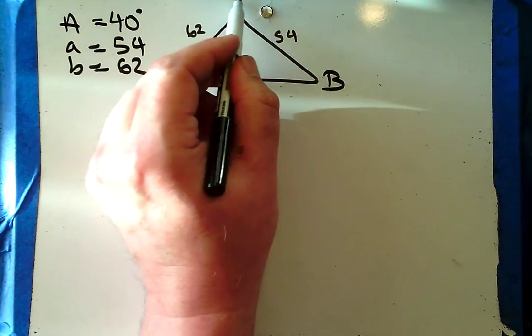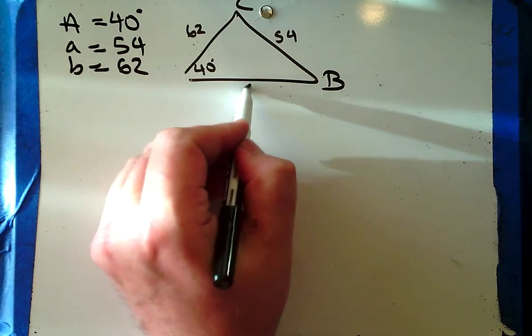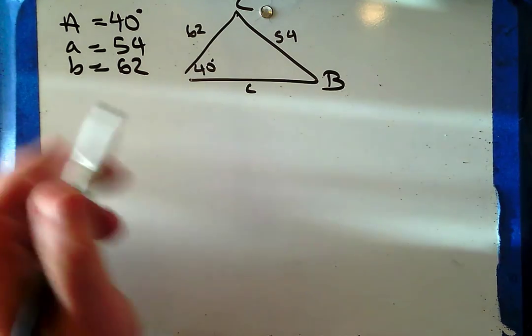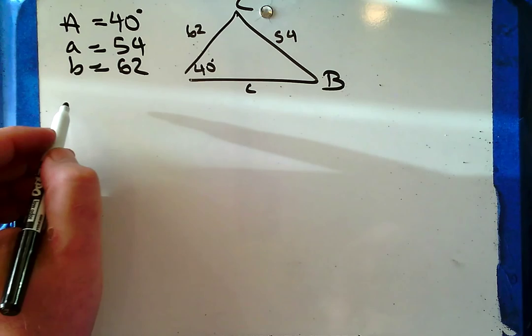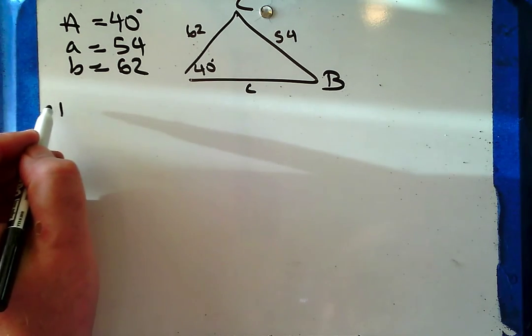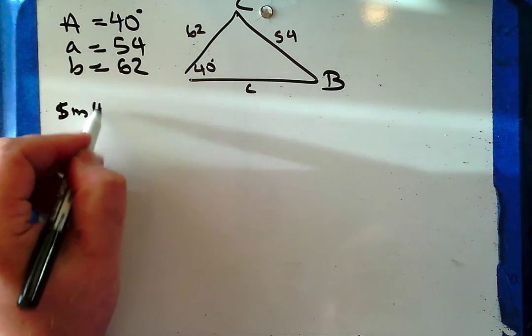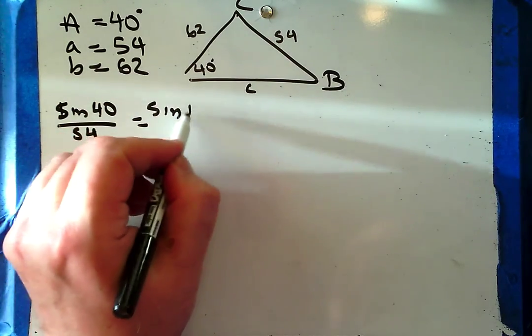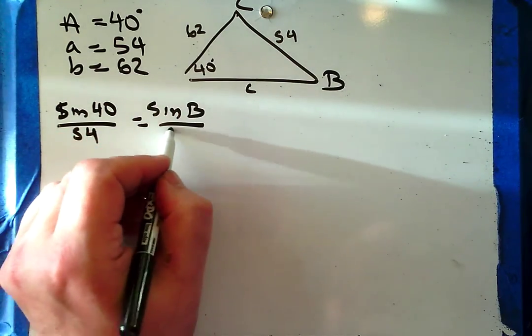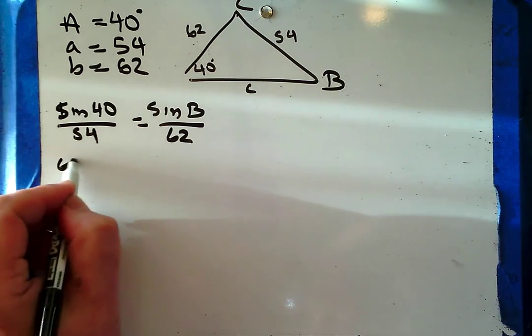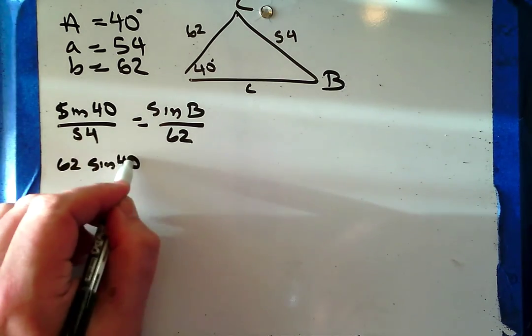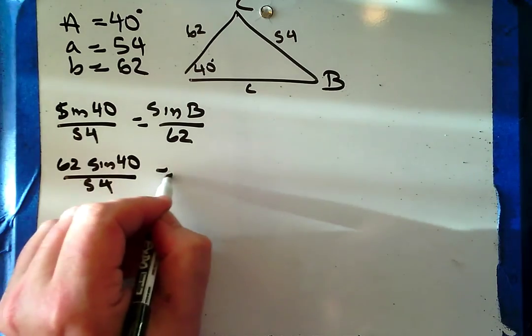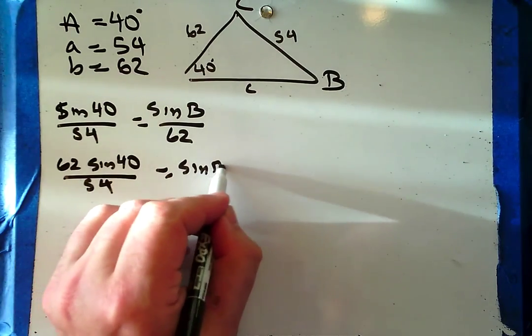I've got a big B and a big C here and a little c here. Okay, so I do sine of 40 over 54 equals sine of b over 62. 62 sine 40 over 54 equals sine b.